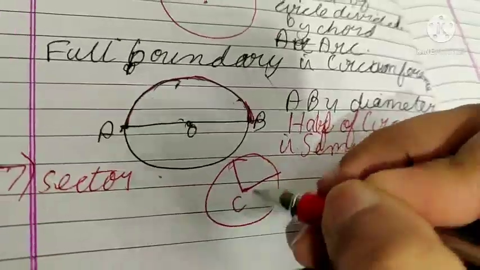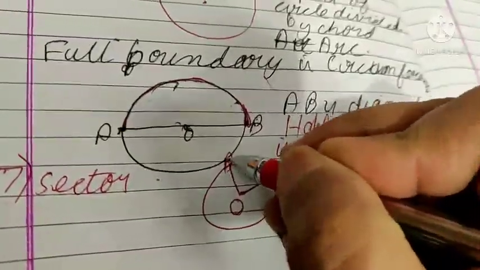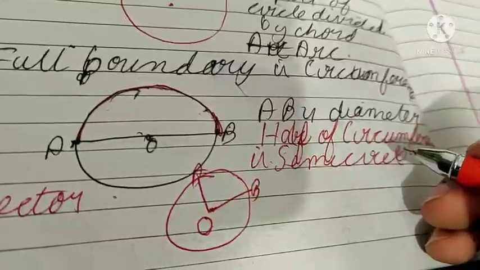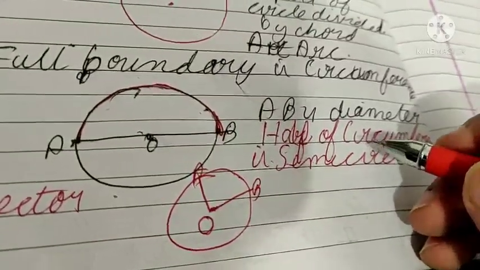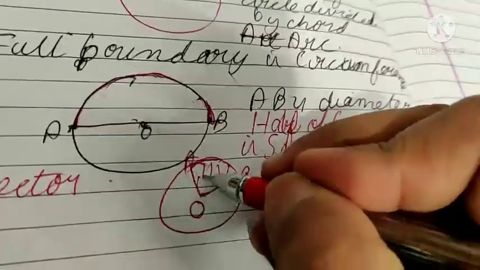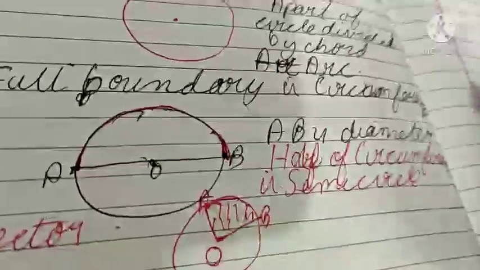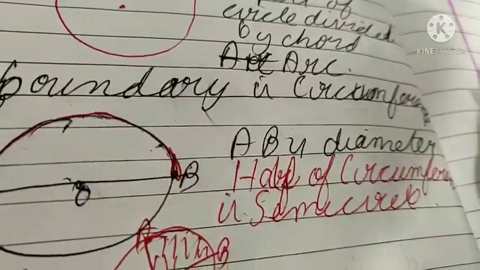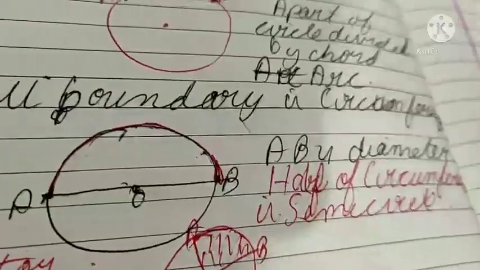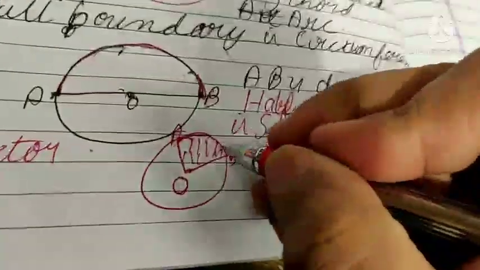This is O, this is A, and this is B. AO and OB are the radii, and the area enclosed by these two radii forms the sector.